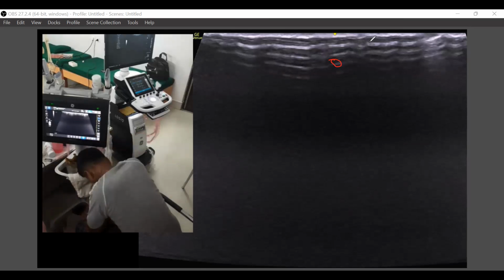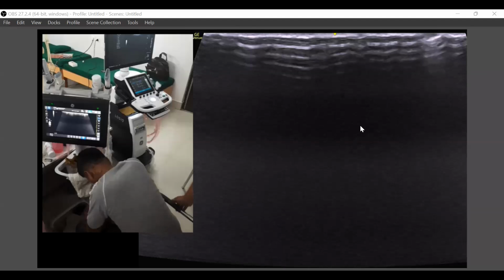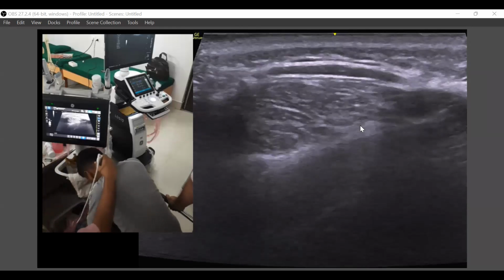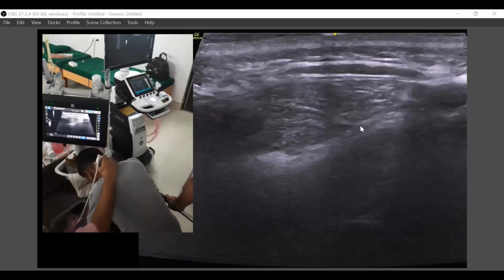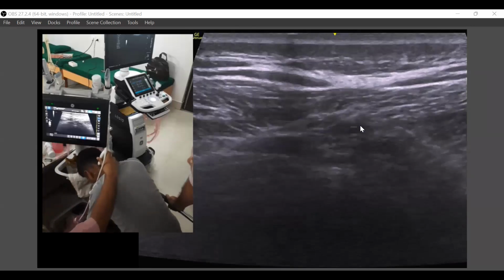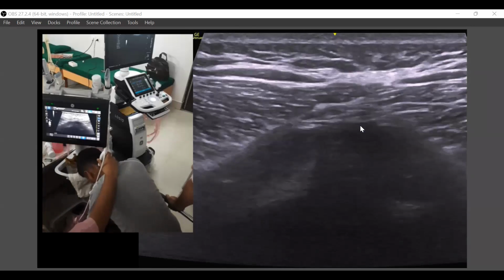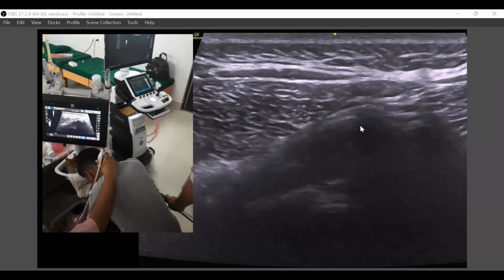As I told you, it comes on the posterior border of the sternocleidomastoid and it goes above. So now I'll be coming a little below.